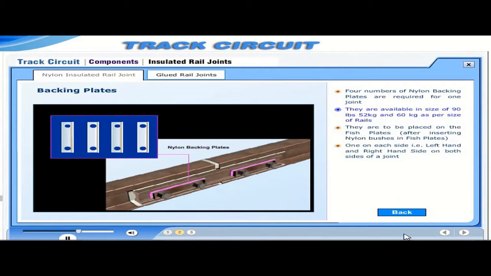They are available in sizes of 90 lbs, 52 kg and 60 kg as per size of rails. They are to be placed on the fish plates after inserting nylon bushes in fish plates, one on each side, that is, left-hand and right-hand side on both sides of a joint.